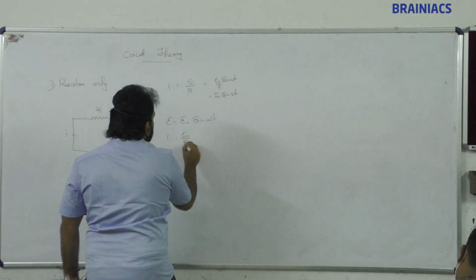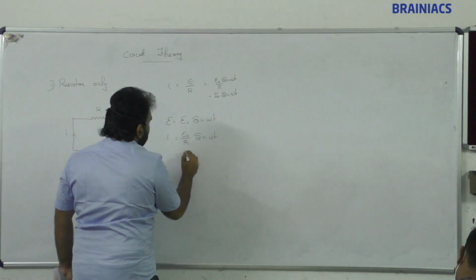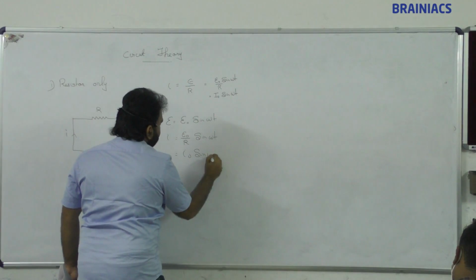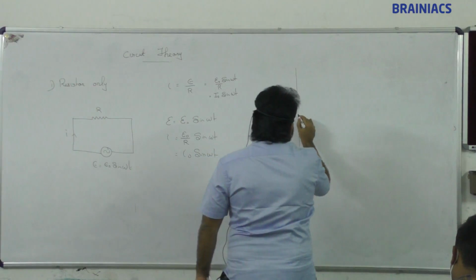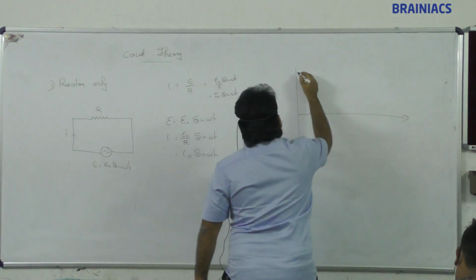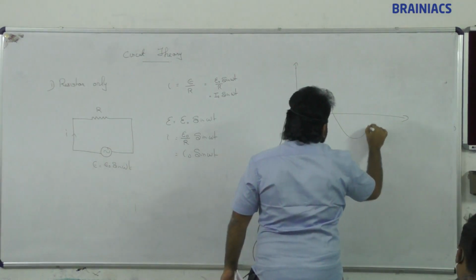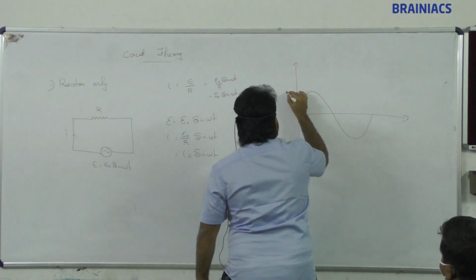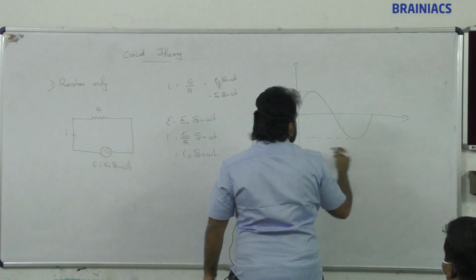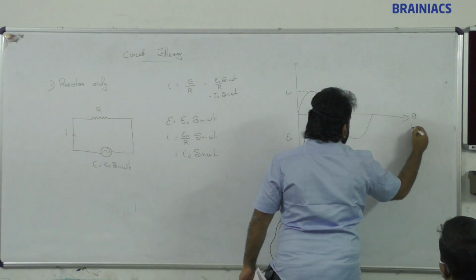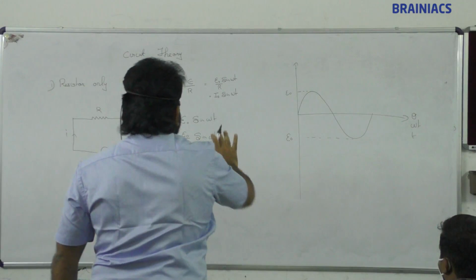E naught by R sine omega t is nothing but I naught sine omega t. Clear? Simply draw the waveform of this. If we draw the waveform of E equal to E naught sine omega t, this is going to be E naught, against theta or omega t or t. Clear? This is how it comes.